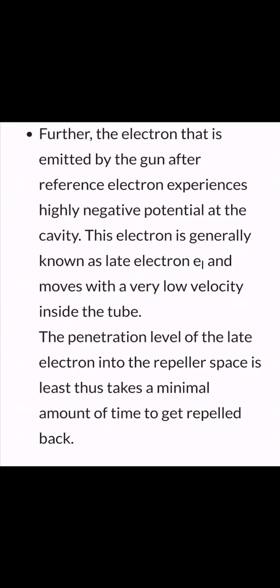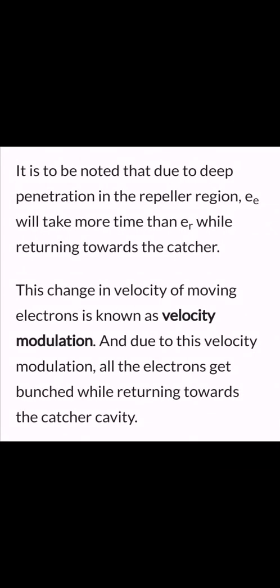The penetration level of the late electron into the repeller space is least, thus it takes a minimal amount of time to get repelled back. It is to be noted that due to deep penetration into the repeller region, the early electron will take more time than the reference electron while returning toward the catcher.